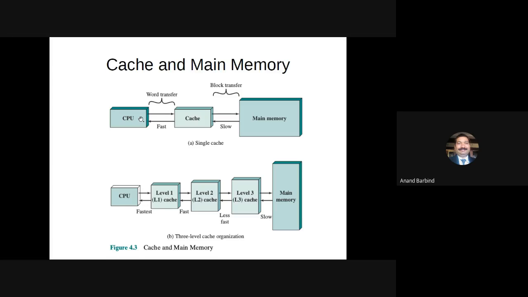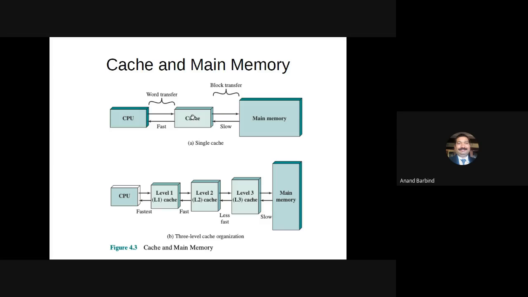But the whole of your instructions or the whole of your data cannot be stored into the cache memory. Though that particular cache memory is faster, the size of the cache memory is less, so only a few blocks can be stored into the cache memory.